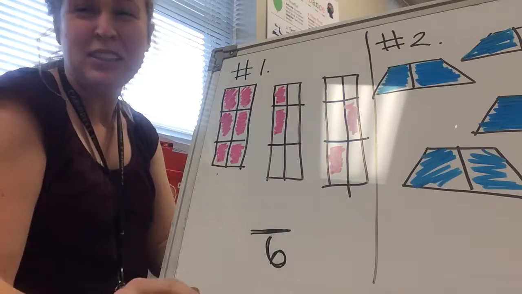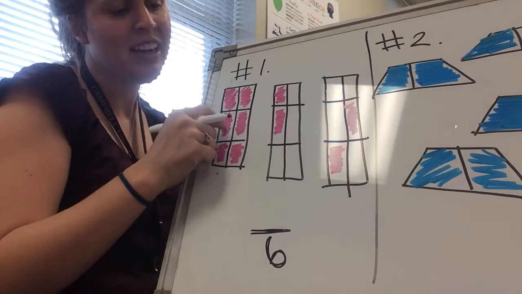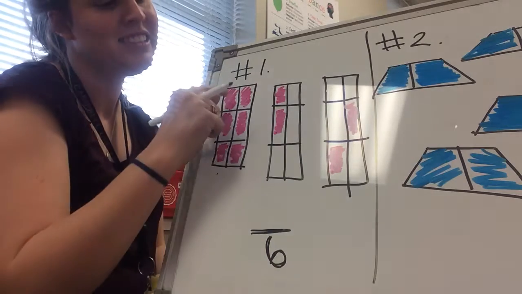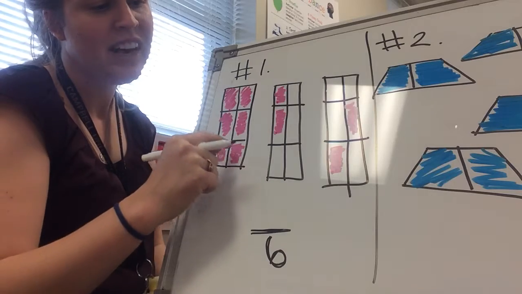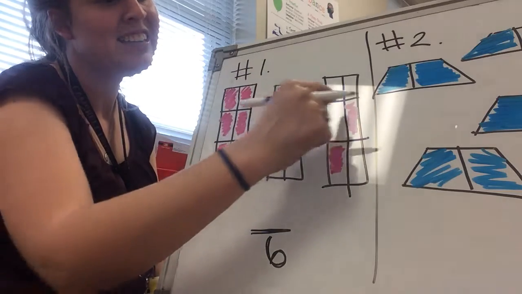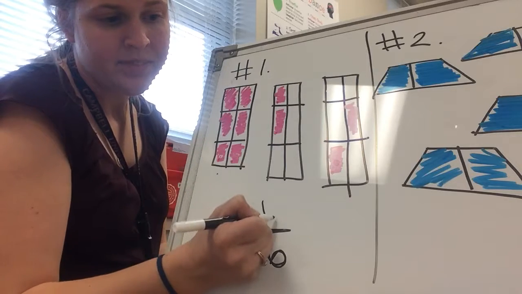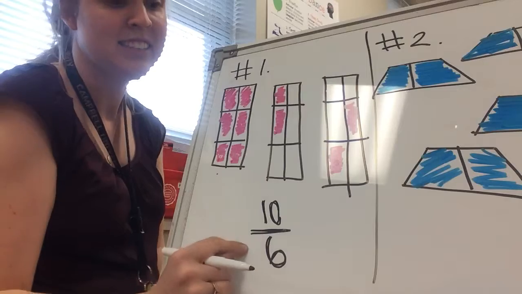Now, if I wanted to know the fraction shaded, I would have to go back and count up all of the pink parts. So I could say there's 1, 2, 3, 4, 5, 6, 7, 8, 9, 10 parts shaded. So my final fraction is going to be 10/6.